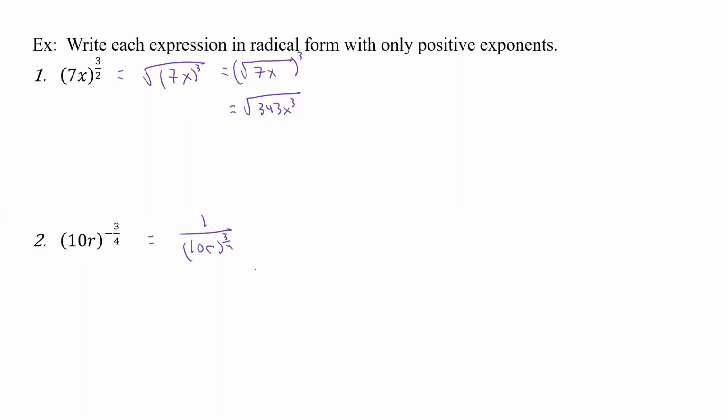So we know our root is 4, and so that's going to give us 1 over the 4th root of the whole thing, 10r is under that. And then what we can do is cube what's inside here and say, okay, well, that's 10r cubed, or we can say that's 1 over the 4th root of 10r, and then a cubed here.